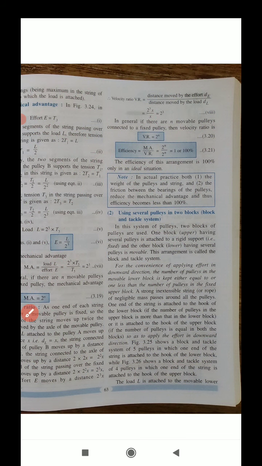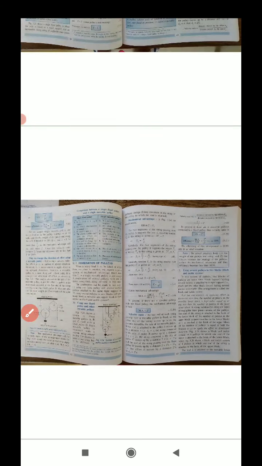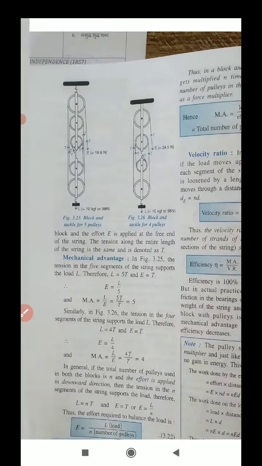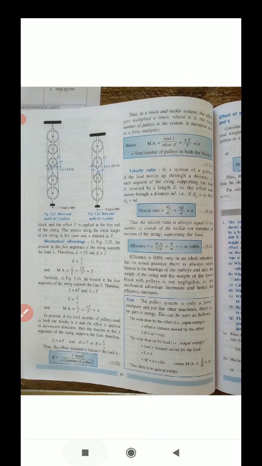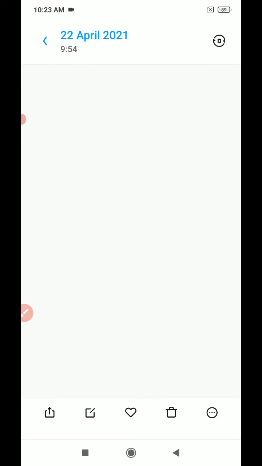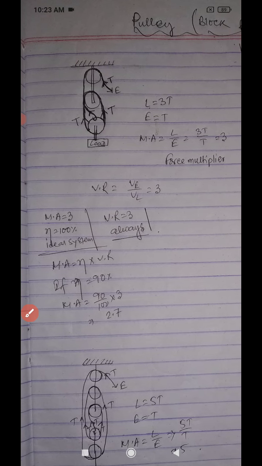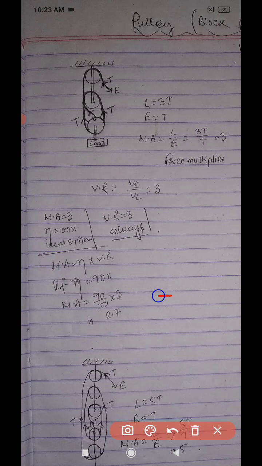Okay, now students move to my note. There you can easily understand this system. Then you can also read the book, no problem. Here you can see in the picture, there are three types of block and tackle system. The first type I will explain. See, here are three pulleys.